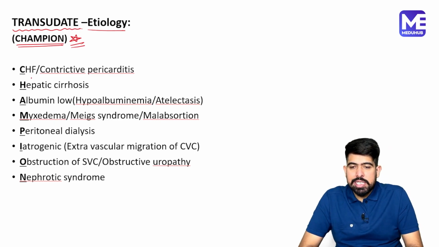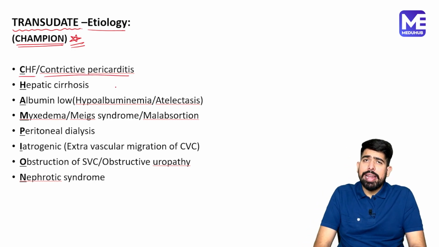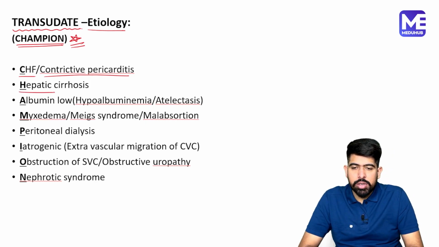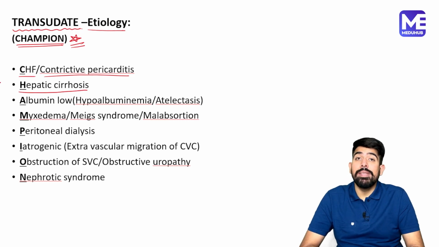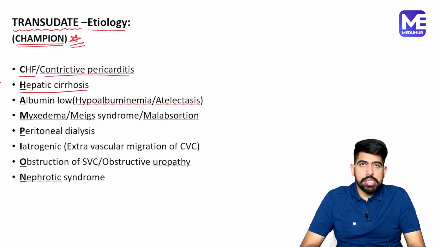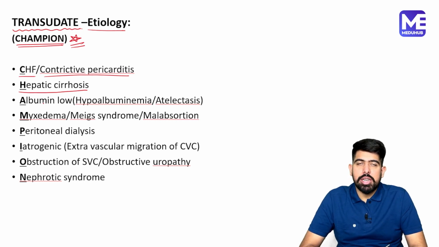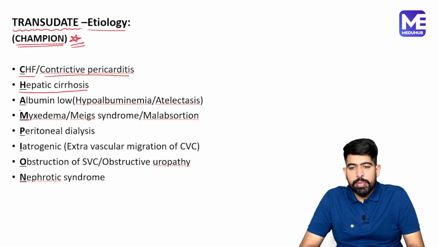So C stands for congestive heart failure or constrictive pericarditis, right? H stands for hepatic cirrhosis or liver cirrhosis, right? The liver cirrhosis is also influencing the formation and absorption of pleural fluid. A is for albumin low, hypoalbuminemia, right?